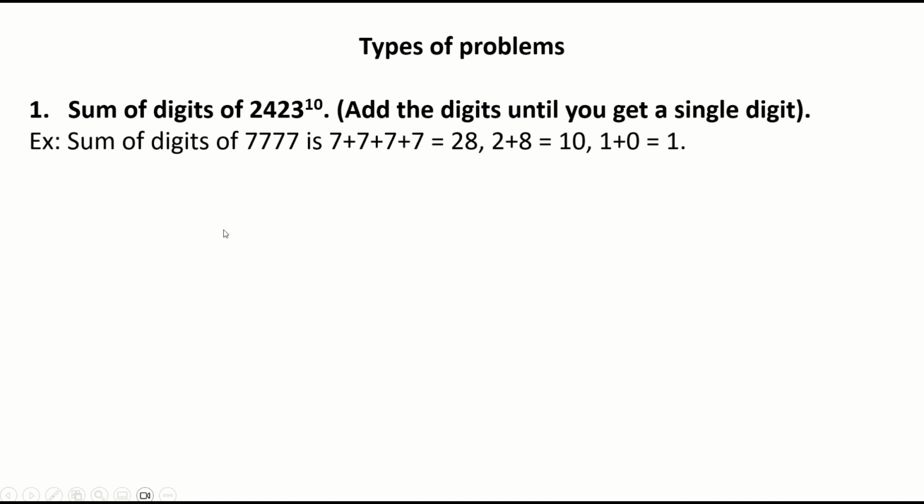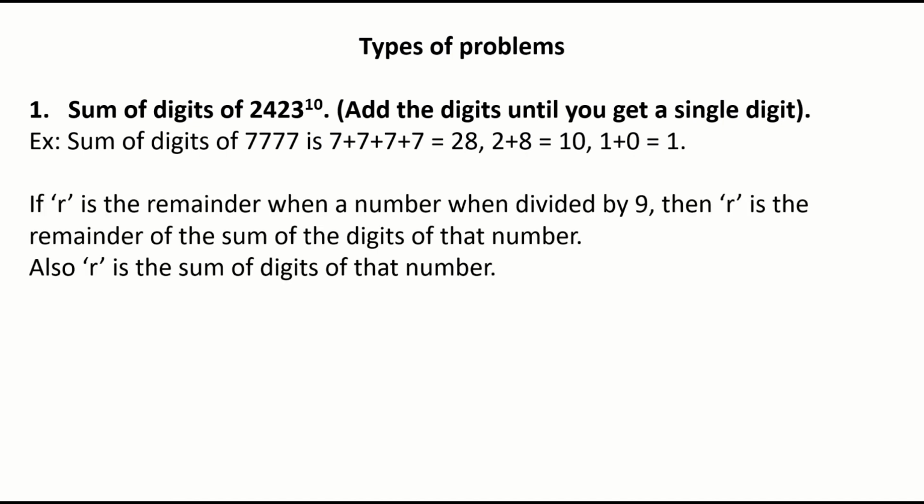Now, if you look at the problem, it looks unrelated to remainder theory, but it's very easy. The number 9 has a property. If r is the remainder when a number is divided by 9, then r is also the sum of the digits of that number.